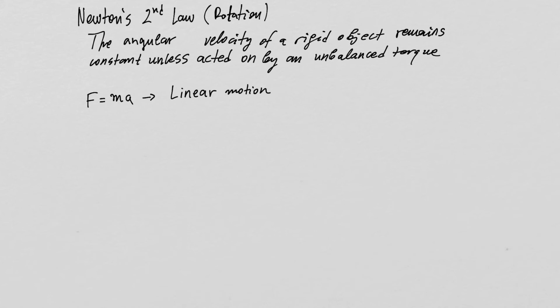So what would be the statement for rotational motion? Well, we know that the equivalent to force for rotational motion is the torque. Instead of linear acceleration for rotation, we have angular acceleration alpha. So the only thing that we do not know yet is what's the equivalent to mass for rotational motion. So this is what we need to know.